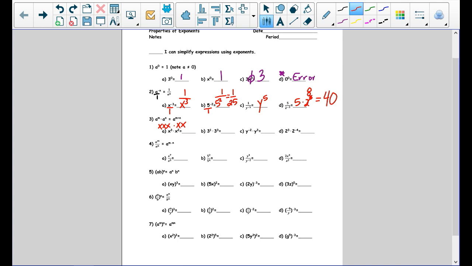So again, this is all just being multiplied together. How many x's am I multiplying? Here I have 3, here I have 2, so a total of x to the 5th. I'm just adding those exponents together. So 3 plus 2 gives me 5, x to the 5th.